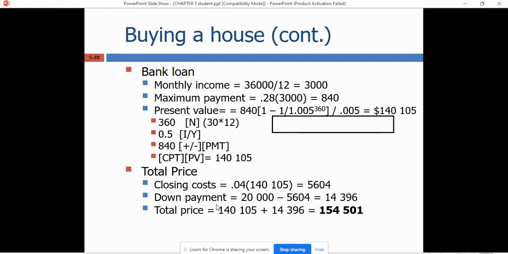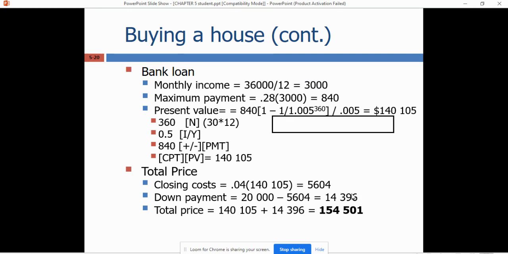And your down payment is 20,000 minus your closing cost. Therefore, it's 14,396. Because the question said you only had 20,000 and you're going to use the 20,000 for the down payment as well as for the closing cost. So 20,000 minus 5,604, your down payment is 14,396.